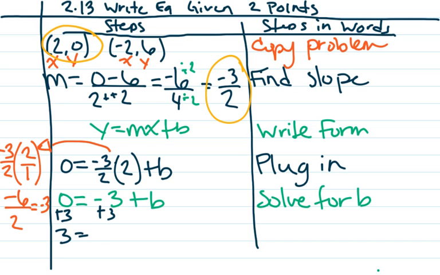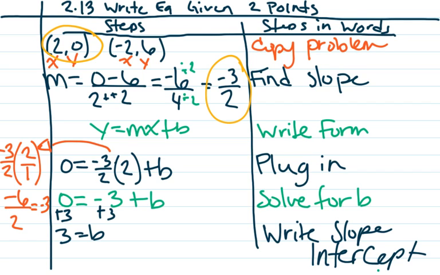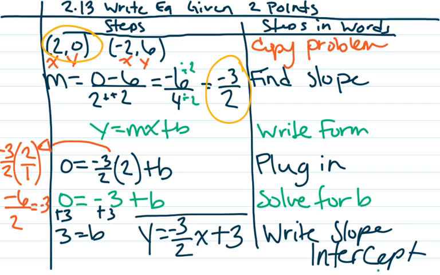We get 3 equals b. Now we're going to write slope-intercept. So we end up with y equals negative 3/2, which is the slope we found, x, plus 3, which is the b we found. Circle your answer, and you're done.